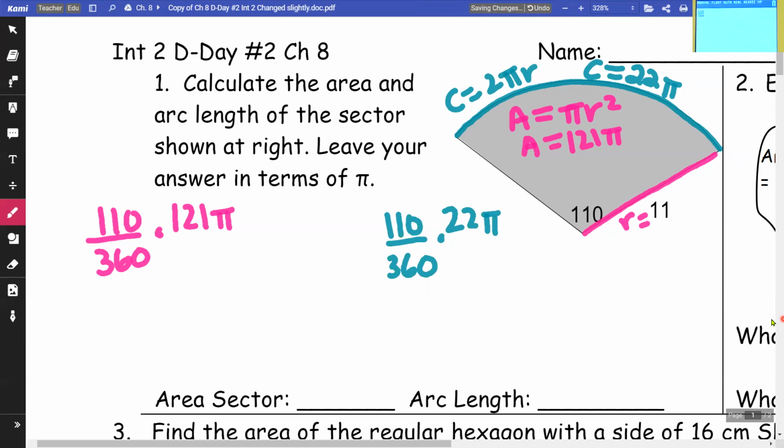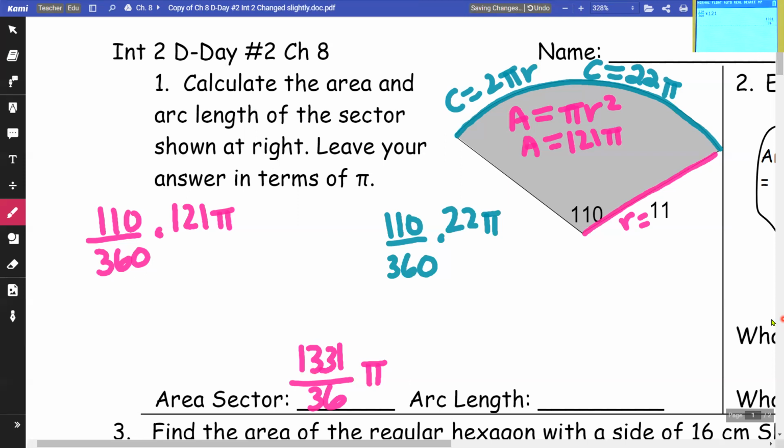Times, I'm not going to put in the pi, I'm just going to put the 121, and I get 1,331 out of 360 pi. And that's going to be my area of my sector.